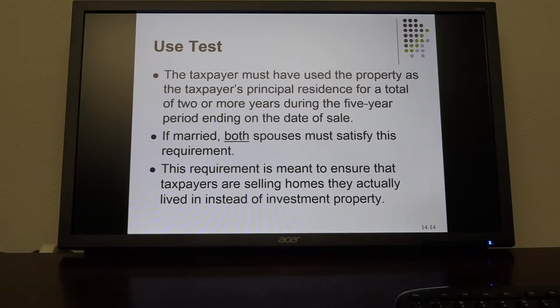So this gives you some flexibility to move if you have to, for whatever reason, and rent the property out until you can sell it, or maybe you don't even rent it out. Maybe you just have it on the market and you're stuck with 2 house payments. That happens. So this gives you that flexibility.